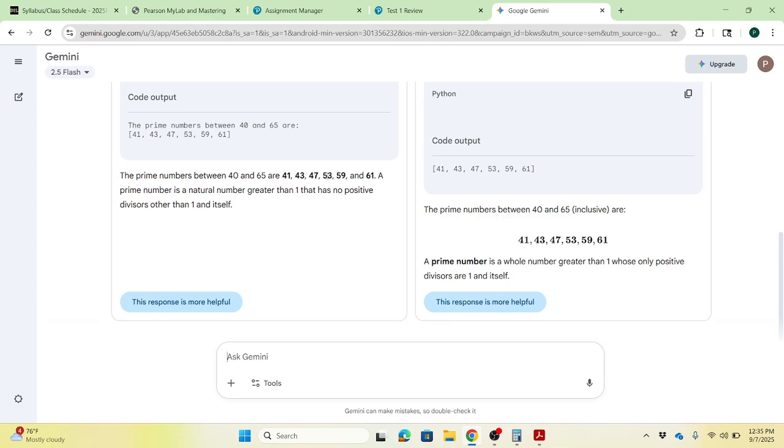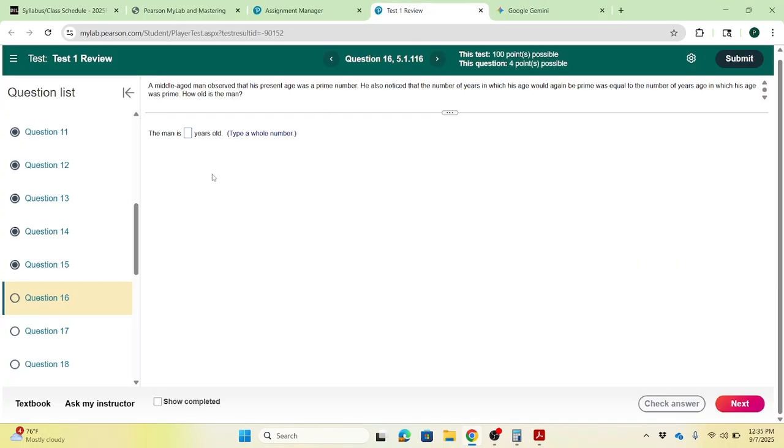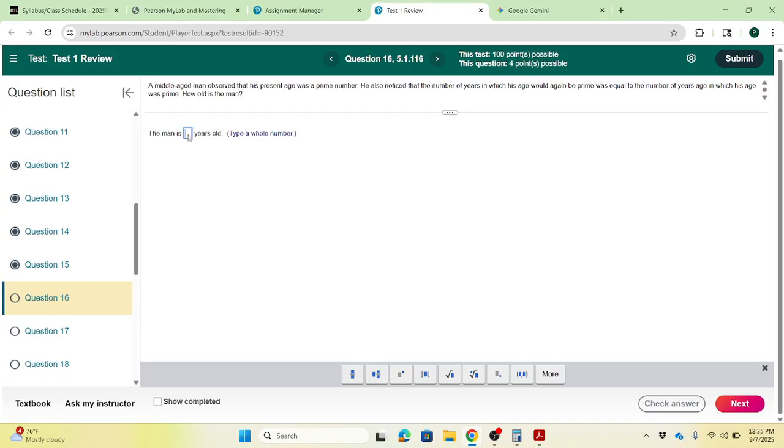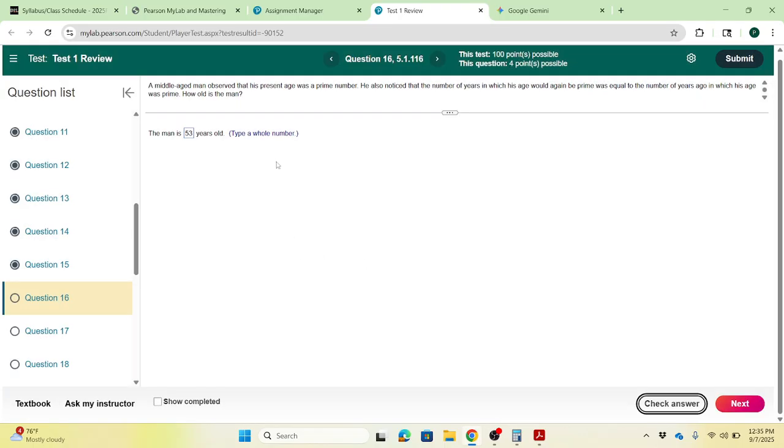But if you take 53, the next prime number is 59, which is a 6-year difference, and the past prime number is 47, which is also a 6-year difference. So 53 is the right answer. Remember, this type of problem is not very trivial. You have to think about the problem and collect all the information before you try to solve. There is no one way to solve this type of problem.